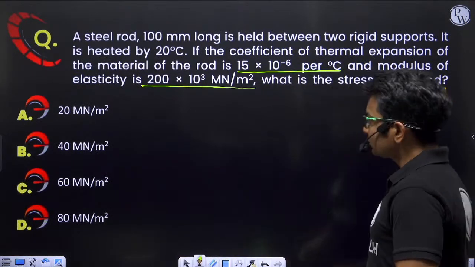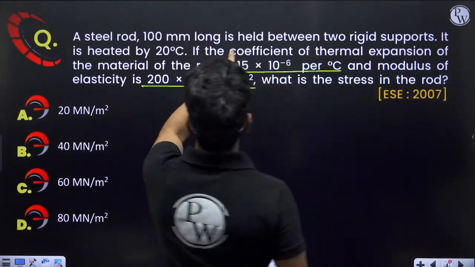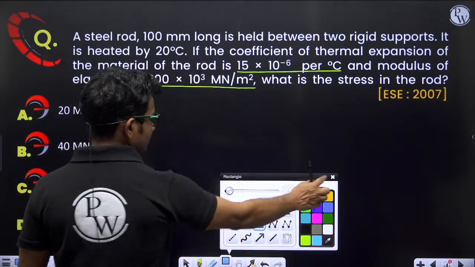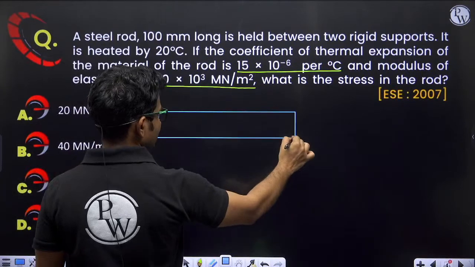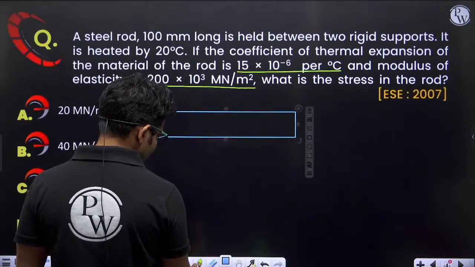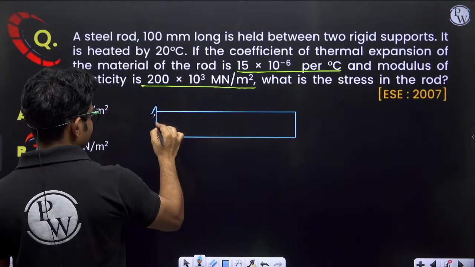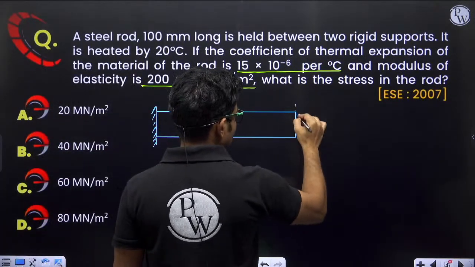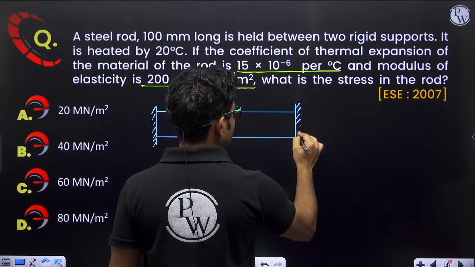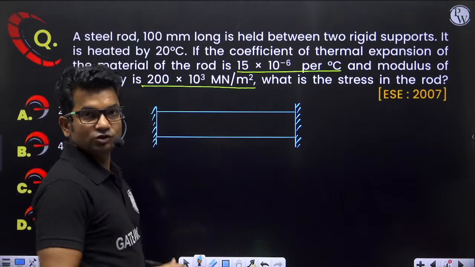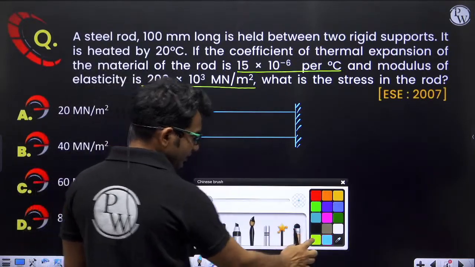Okay, so let me solve this question. A steel rod 100 mm long is held between two rigid supports. So we have a steel rod, the length of the steel rod is 100 mm, and it is held between two rigid supports. It is heated by 20 degrees Celsius, so the temperature rise is 20 degrees Celsius.